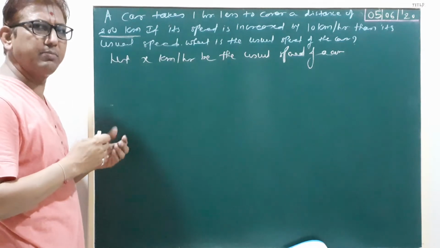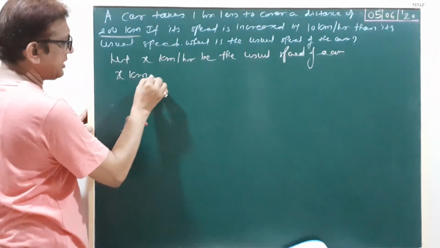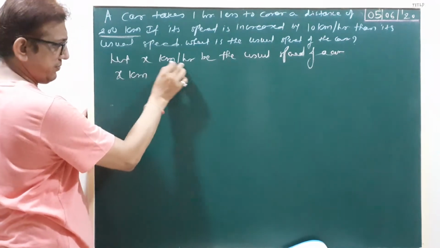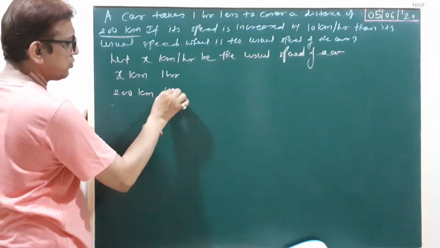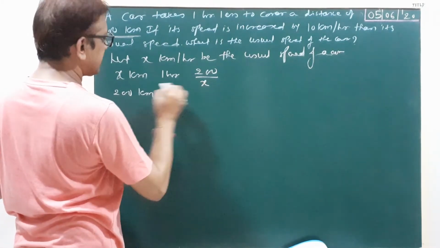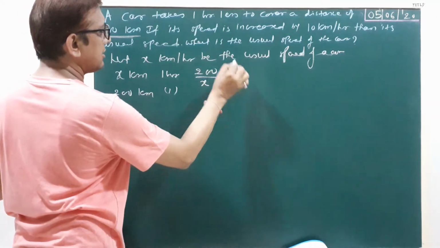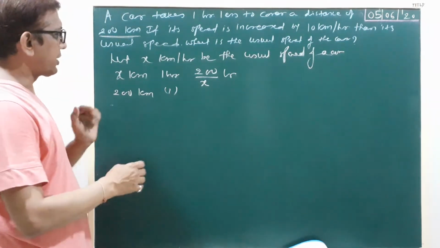So write here, x kilometer equal to 1 hour, therefore 200 kilometer equal to question mark. So 200 upon x, kilometer cancels, hour is the unit, right?